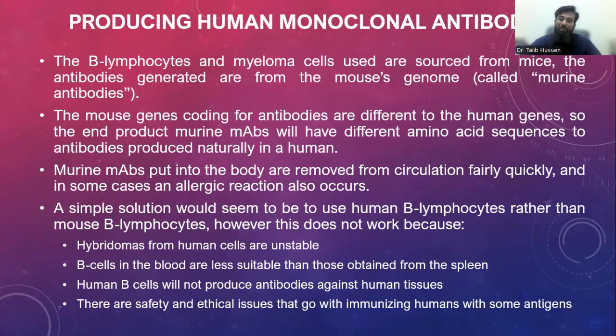As those are generated purely from the mouse genome, they are called murine antibodies. And murine mAbs means murine monoclonal antibodies.